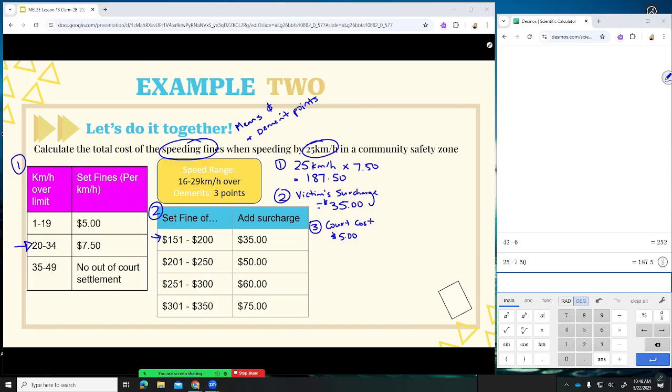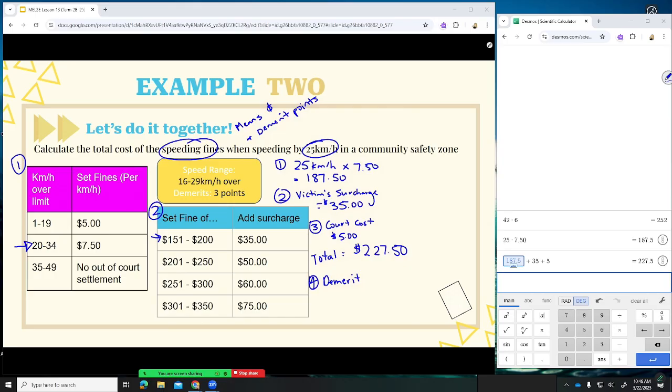So now we can add up our total money amount. We're going to do $187.50 plus $35 victim surcharge plus $5 court cost. We will have to pay $227.50. But step 4 is to find the demerits. We want to make sure that we are reading the proper section.